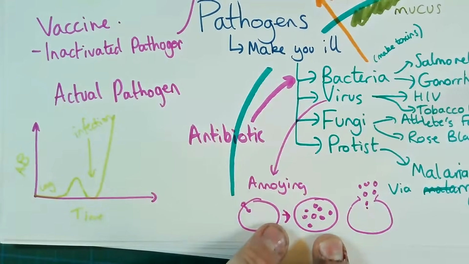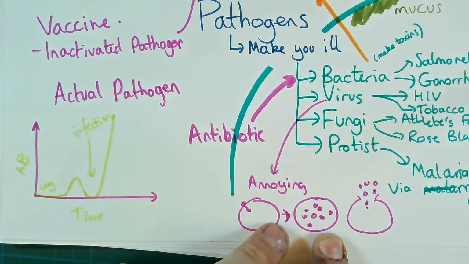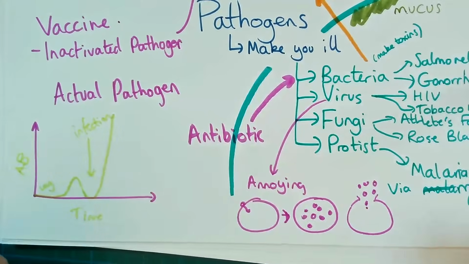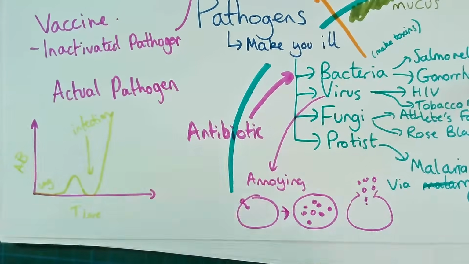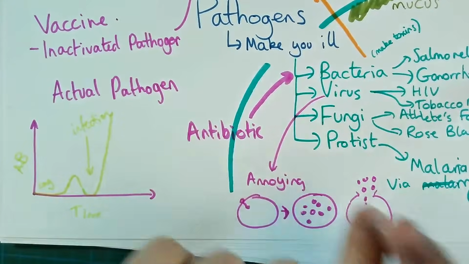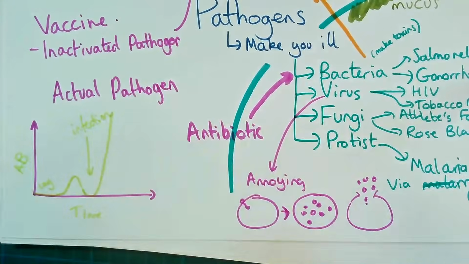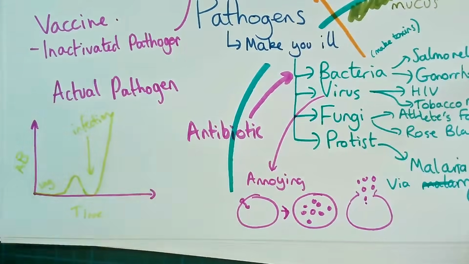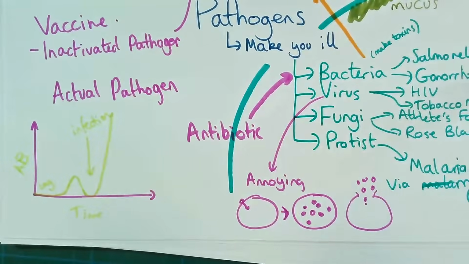Because when they're inside your cell, from the outside you're not going to know that it's infected. So it's really hard to get drugs which will kill the viruses but not kill your own cells. Because at the end of the day, if you kill your own cells, you'll cure the disease, but you will also be dead. So that's why antiviral drugs are much harder to make work.